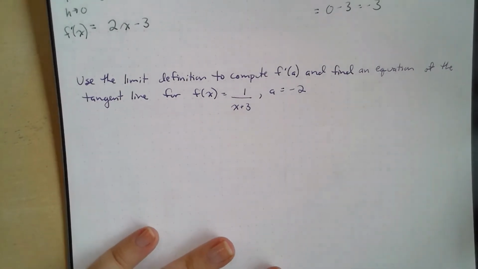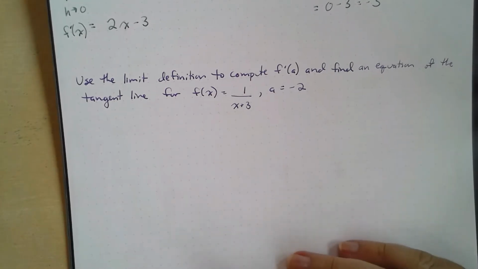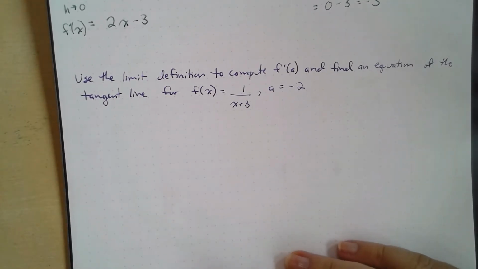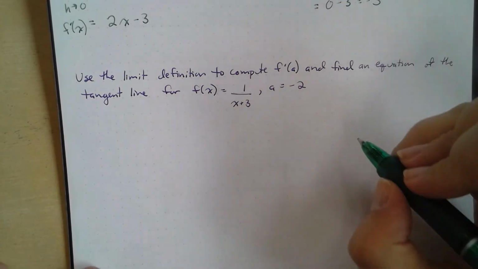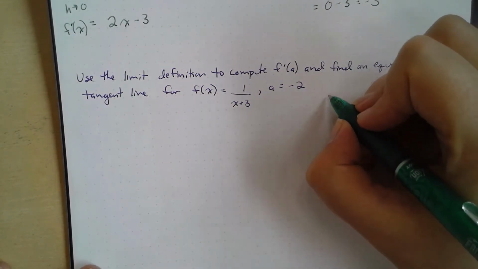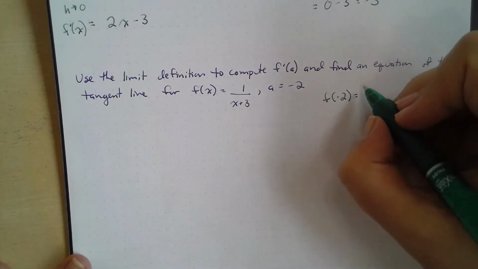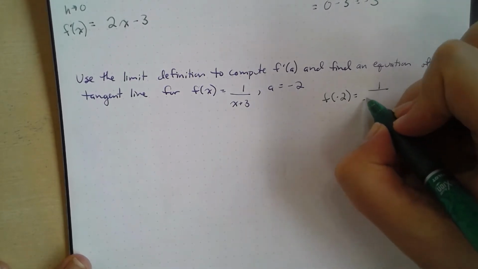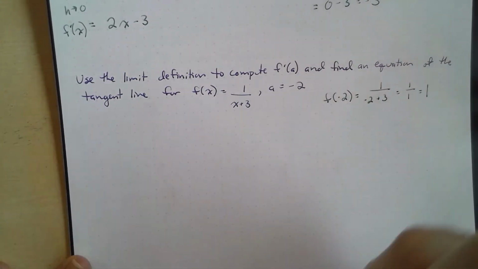Use the limit definition to compute f prime of a and find an equation of the tangent line for f of x equals 1 over x plus 3 when a is negative 2. Well, the first thing we need is f of negative 2. Well, f of negative 2 is going to be equal to 1 over negative 2 plus 3, which is 1 over 1, which is just 1.